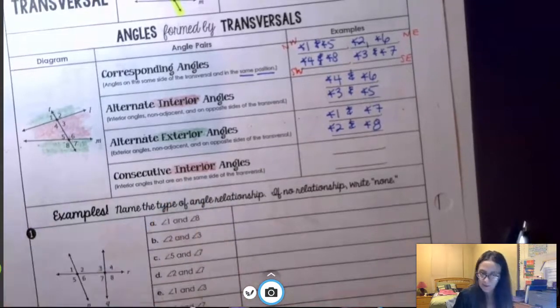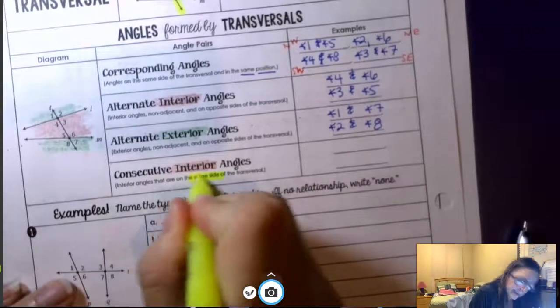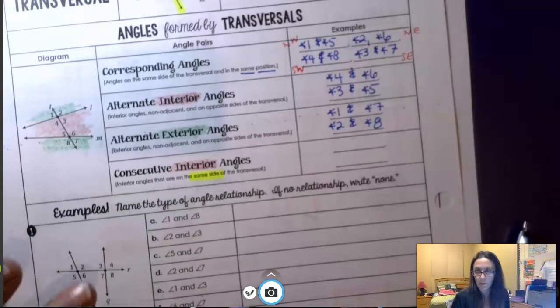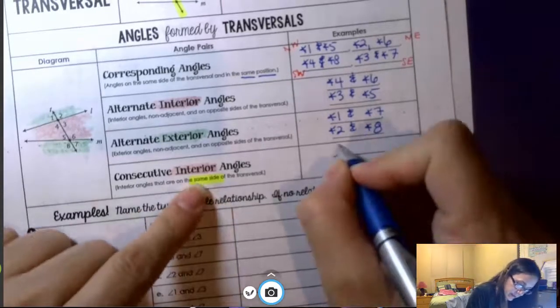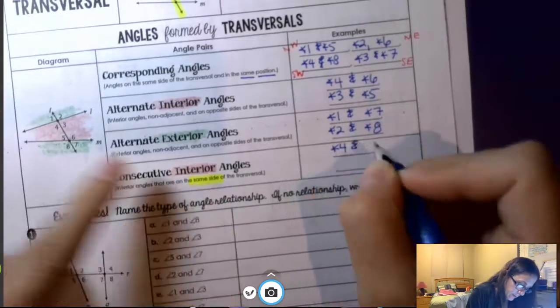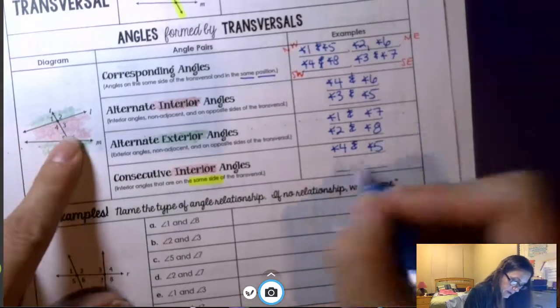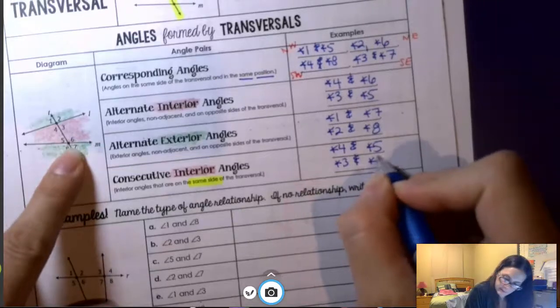Another way to say consecutive is to say same side. Different textbooks refer to that differently. Some say same side, some say consecutive. It's really dependent on the book. So right here, if I want same side interior, angle 4, and the same side would be angle 5. Angle 3, and angle 6.